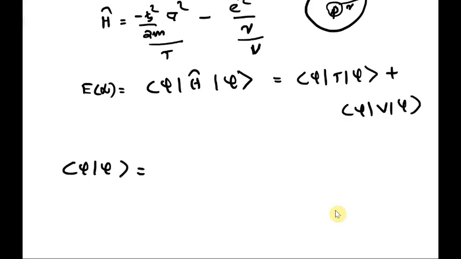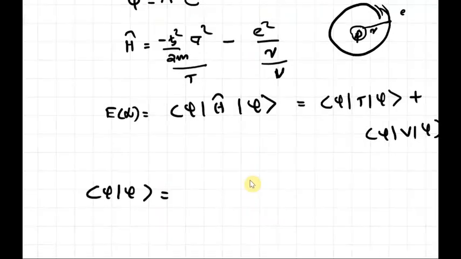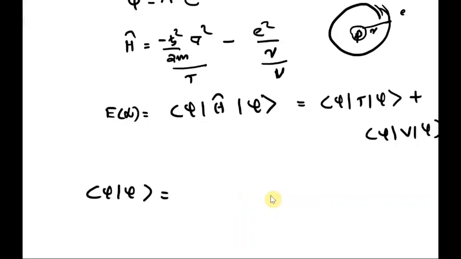Psi psi is not that, even though your wave function has r dependence only, the complete integration has to be done over the three-dimensional space, that is r, theta, phi. r from 0 to infinity, theta from 0 to pi, phi from 0 to 2 pi, and you have your wave function.